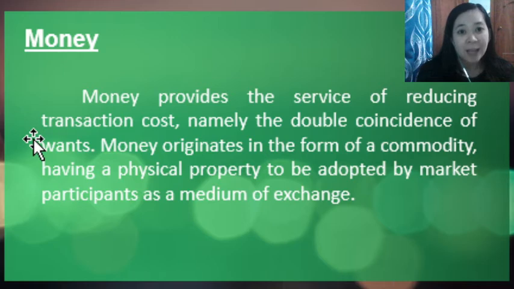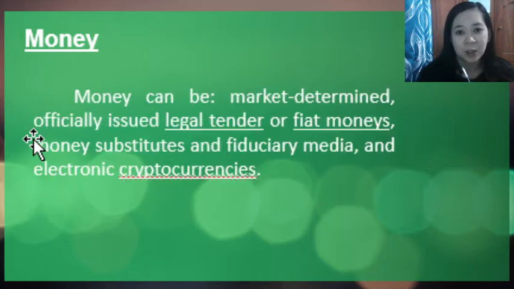Money originates basically in the form of a commodity. It has a physical property, and these are adopted by a market participant or participants as a medium of exchange. So these are the features of what money is, and you already know what money is in circulation or as a mode of exchange.